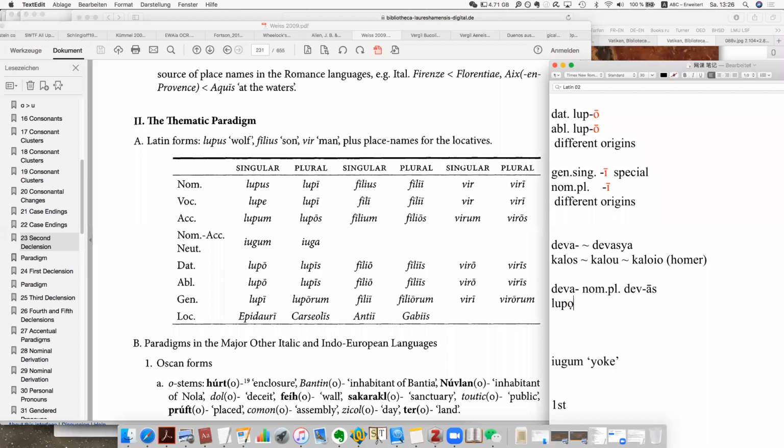Sorry, lupos. So it's called lupos. And for the Greek form, let's use this kalos. Kalos actually means beautiful. I assume that you all know the meaning of deva, and probably some of you the meaning of kalos. It means beautiful, right?